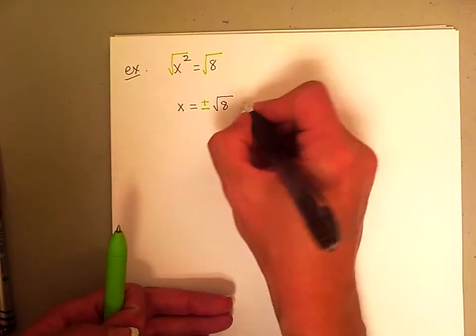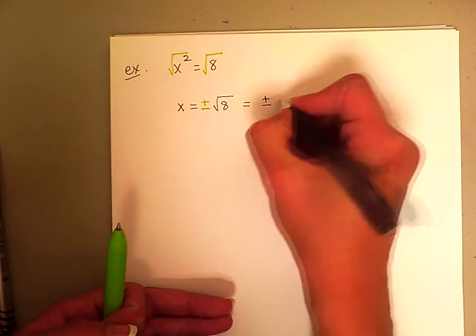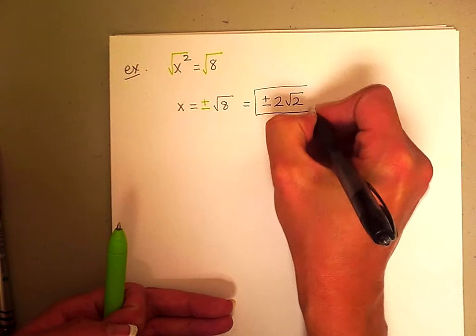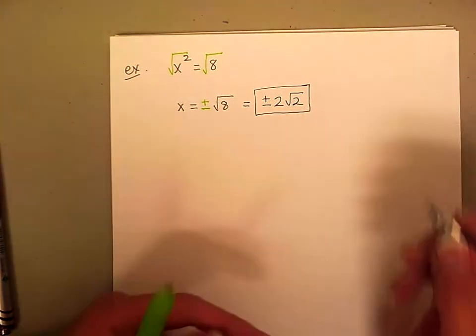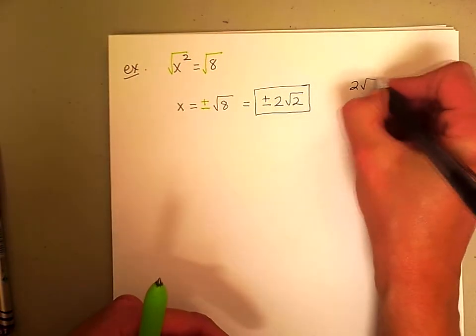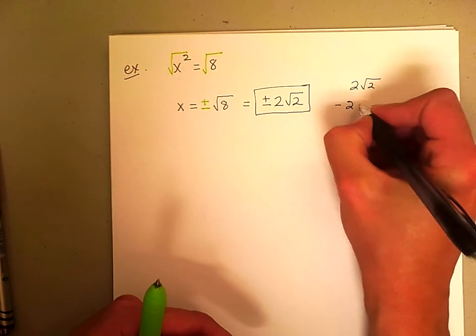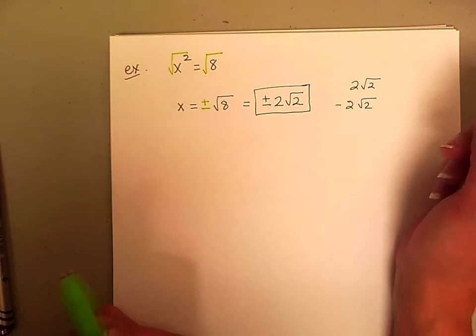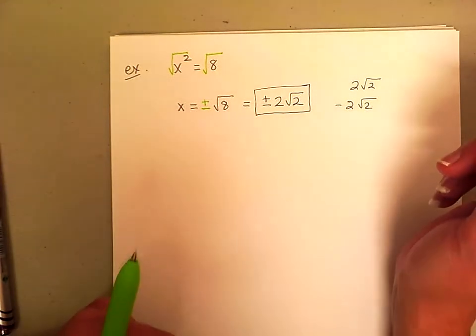And we could simplify the square root of 8 to 2 square roots of 2. Okay, so two different solutions: 2 square roots of 2 and negative 2 square roots of 2. These are irrational solutions.